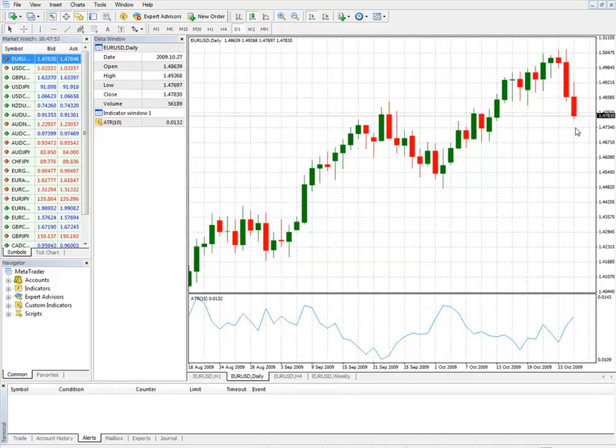What are we looking at here? We're looking at some smaller numbers here, but we're still looking at the 100 plus pip range, not the 15 pip range. So that's 100, 100, 100, 100.